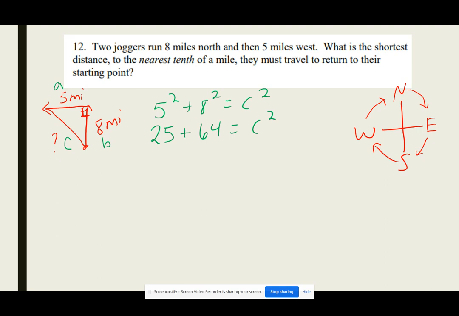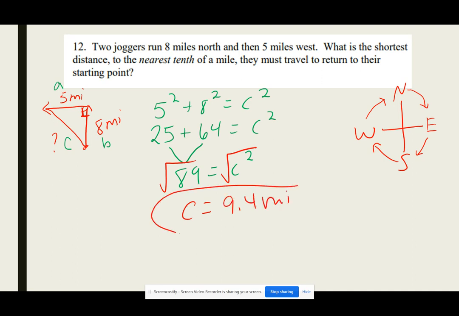Okay, if I add together 25 and 64, I get 89. And then finally, if I take the square root of both of those sides, I get C equals 9.4 miles. And that makes sense because 9.4 is bigger than 5 and 8.